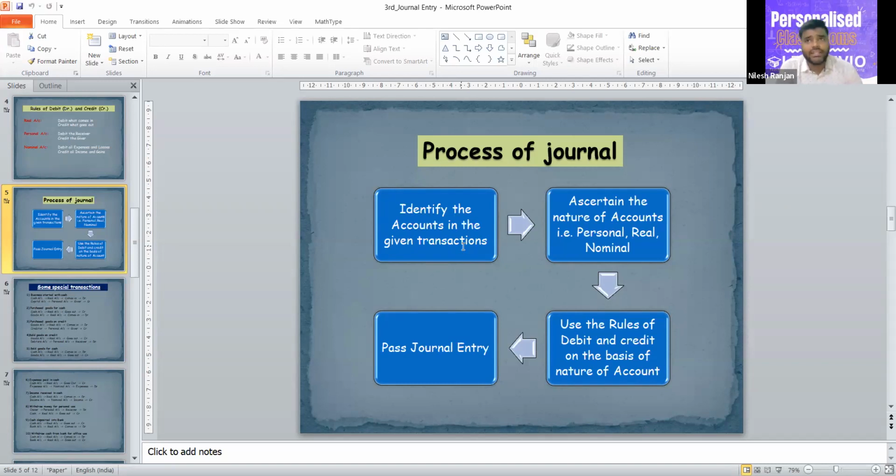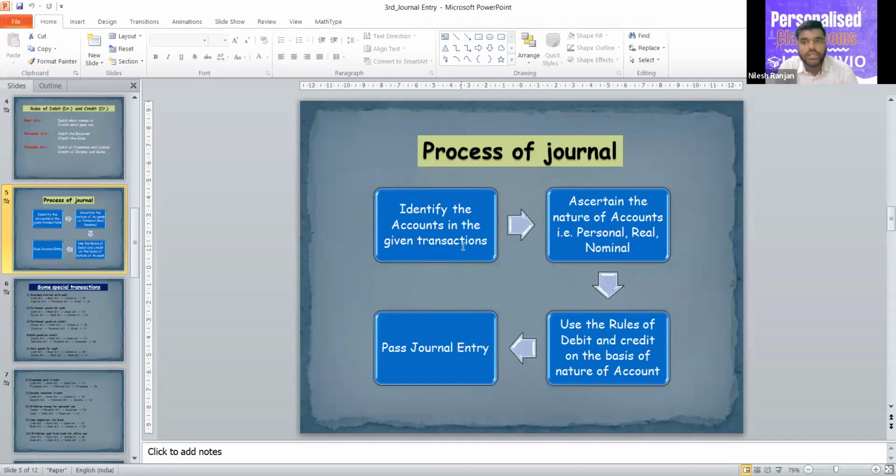So let's say the account affected is furniture. Which category is furniture included in? Furniture is real. So you have to find out the nature of the account also.